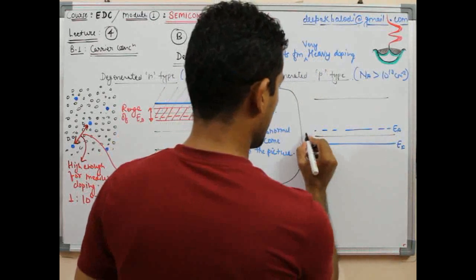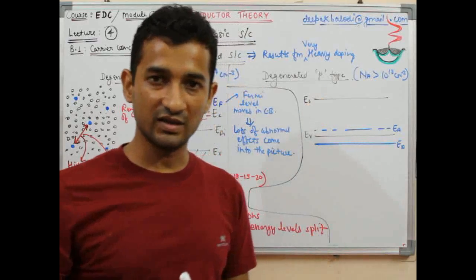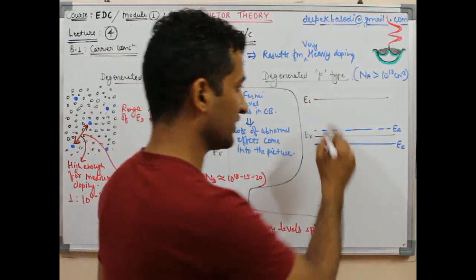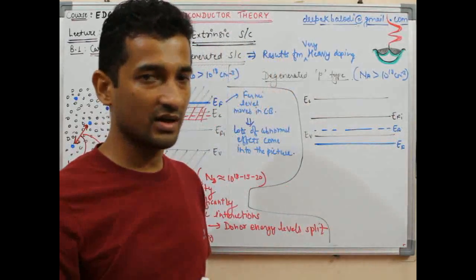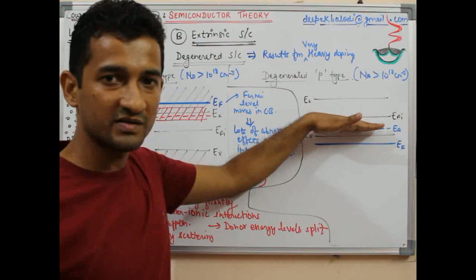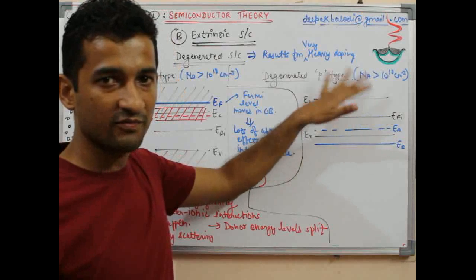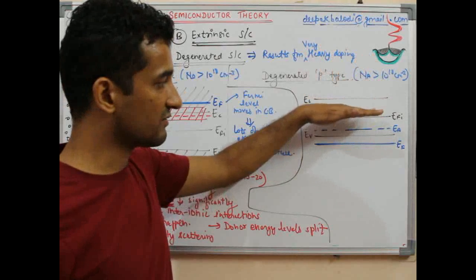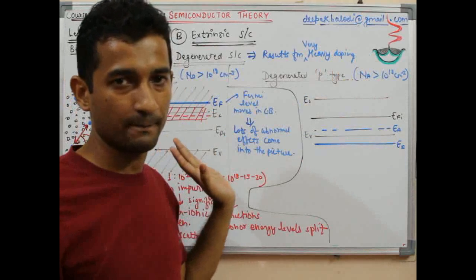So this was the edge of EV, this was the edge of EC. So far we have not seen this. We have only seen that if we make a p-type semiconductor, then the final Fermi level shifts down, but it always remains above EV. But this is for the first time.